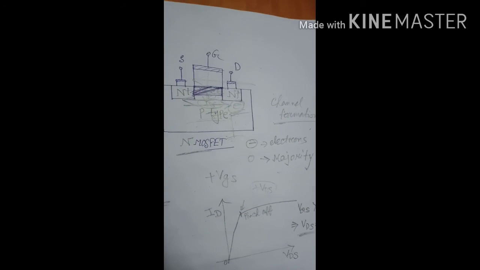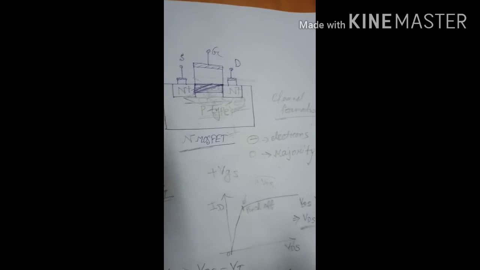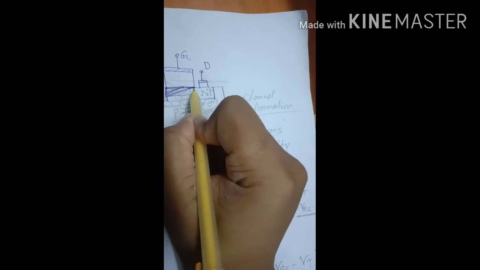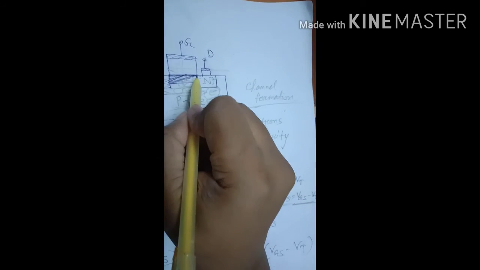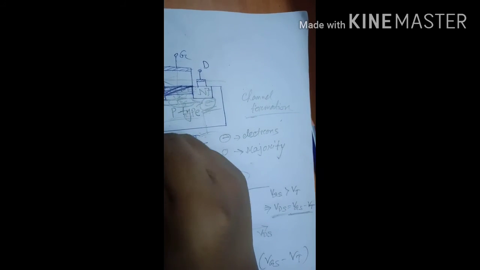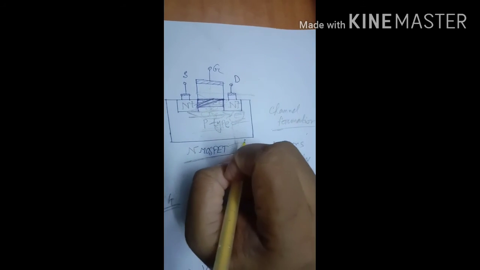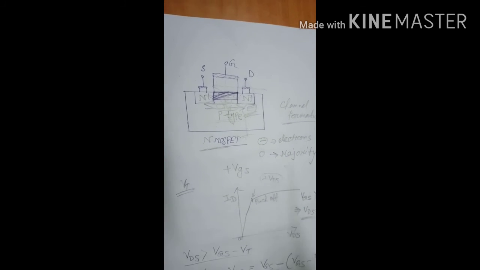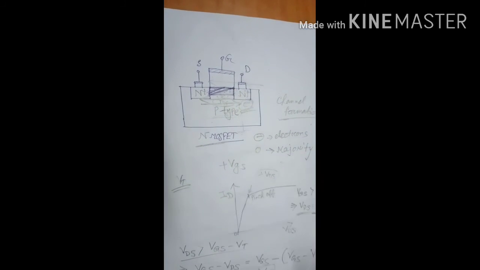So this is the channel length modulation, and you know that this is called the pinch off point. After this point, you can see that there is no channel connection between S and D, source terminal and drain terminal. Then what will happen? Current flow will be stopped. So this is called the pinch off voltage.